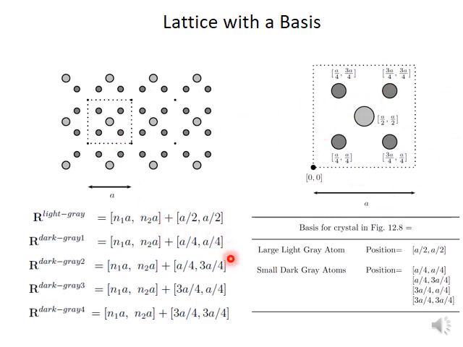Similarly, you can identify the location of the other four dark circles within this unit cell, and do the same for any other structure within this periodic structure. So the identification of lattice and basis helps you fully identify all the structures within any periodic pattern.